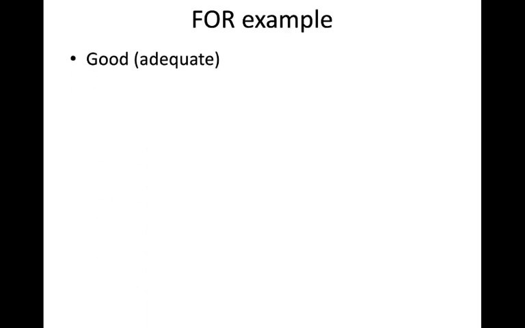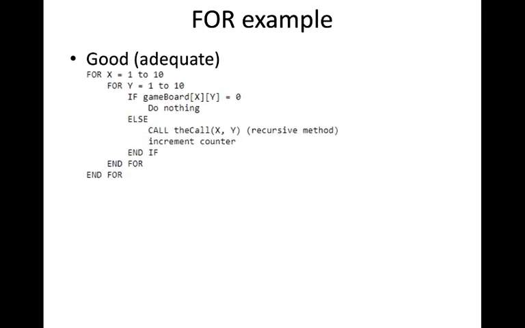I'll show an example. I'll show two ways of writing this for. This is one way of writing one example. So for x equal to 1 to 10, this means the loop will be repeated 10 times. Initially x will take 1, then it will go inside this loop.